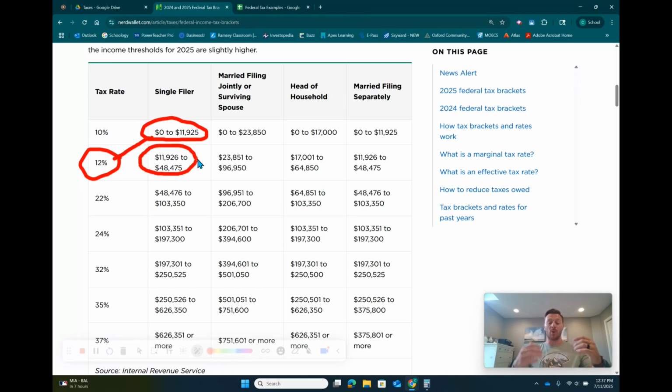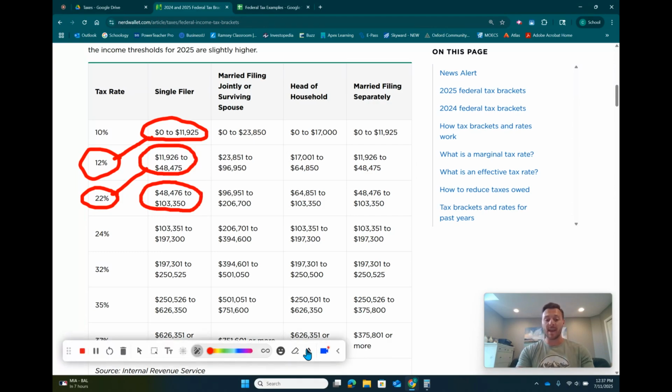Then if you make more than this, the next amount goes to 22%. So that's a bigger jump, and that is from 48 to 103 income earned. So everybody on the way up pays the same amount of tax, but we progressively get higher. That's what the USA system is.